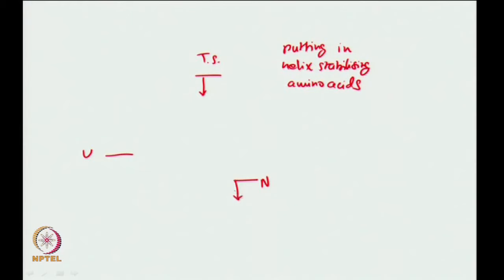So, the native state is being stabilized, but the unfolded state is left unaffected. Remember, the unfolded state is left unaffected. Okay. So, if the transition state comes here and the native state comes here, say, okay. So, this is say Ts prime and this is N prime. Okay.